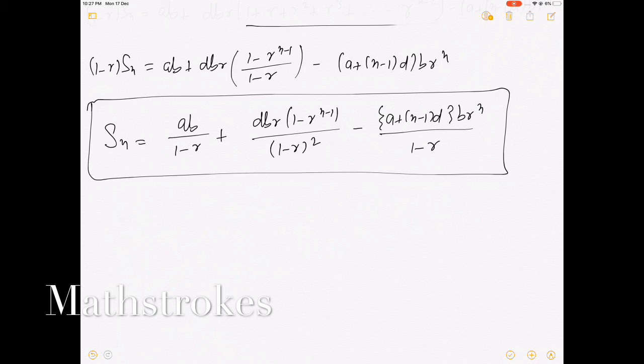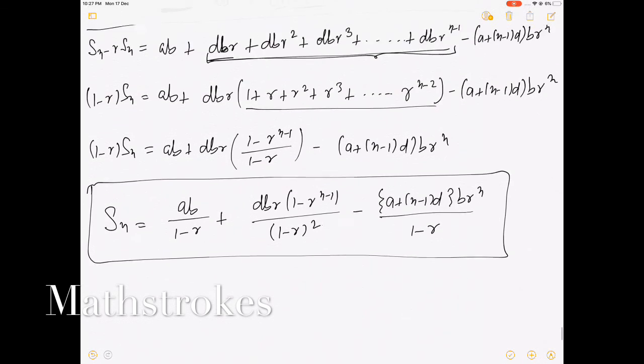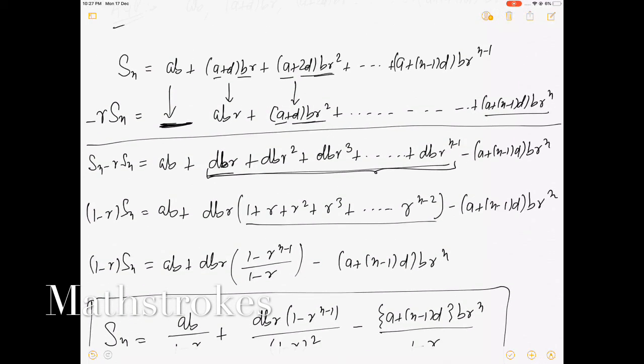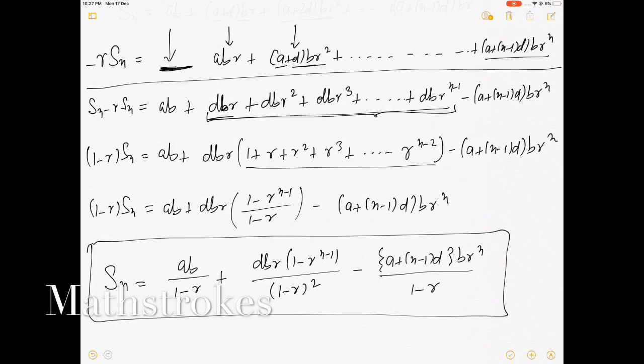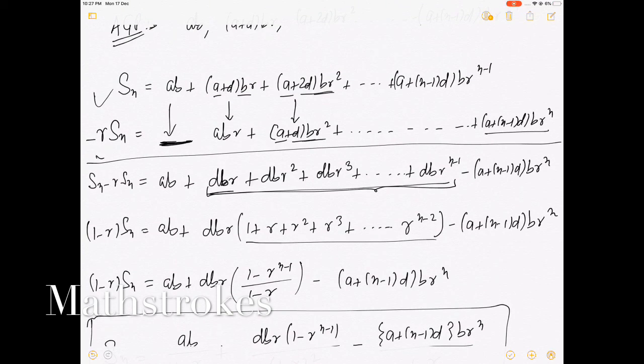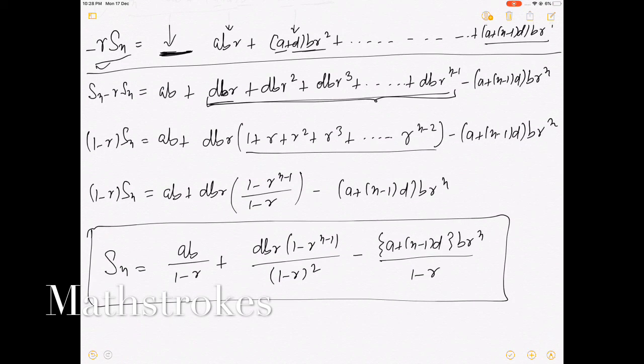This looks a little tedious, but the good news is you are not required to remember this formula. You are only required to know the method, because while solving problems on AGP we simply go through this method: we write the sum, multiply by the common ratio, and subtract both series.